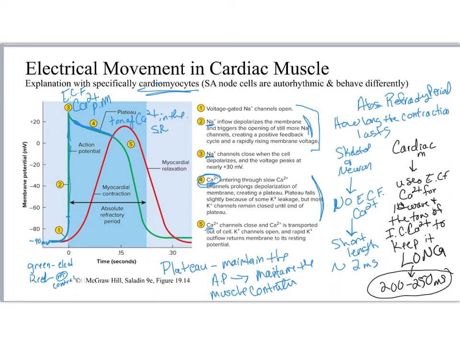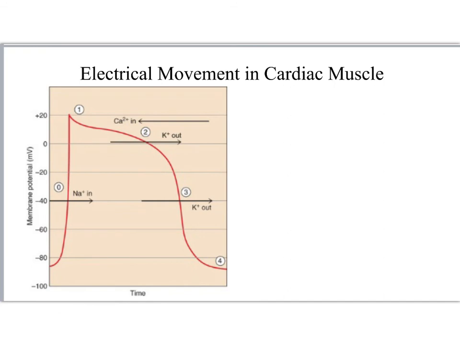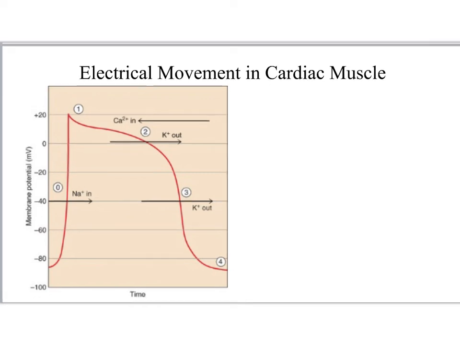Now let's look at this next picture, which is the one that was used in your Patho PowerPoint. This picture is showing you the same thing that I showed you on the previous slide, but it doesn't show you the muscle relaxation in relationship to that plateau. So this is representing depolarization and the influx of sodium.